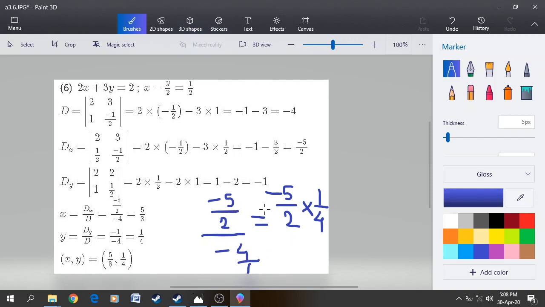When you multiply, you get the inverse of 4, which is 1 by 4. So it gets to 5 upon 8. Similarly, minus 1 upon 4. So these are the values, right?